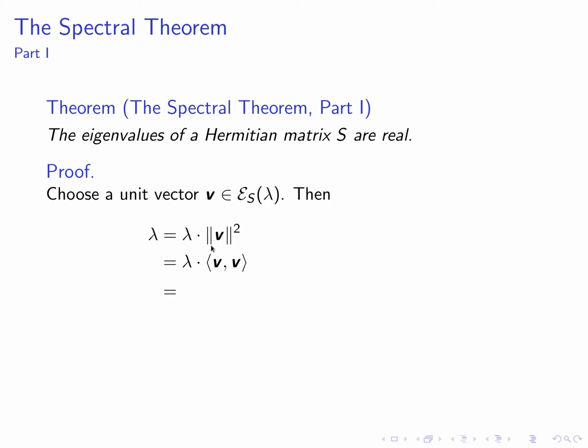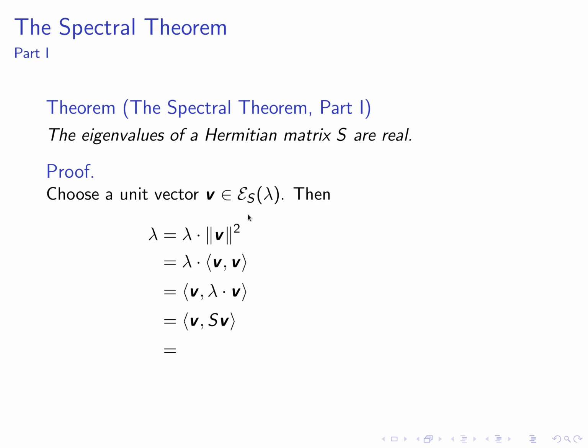Well, what is the length of v squared? This is the same thing as the inner product of v with itself, and that's by definition. Well, one thing we know about inner products is that we can take scalars on the outside that we're multiplying an inner product by and move them into the second position without even conjugating that scalar.